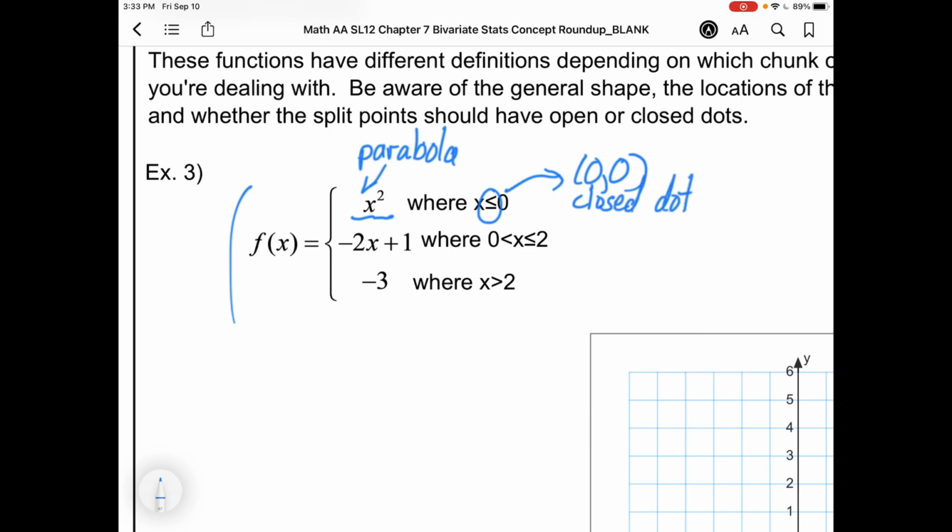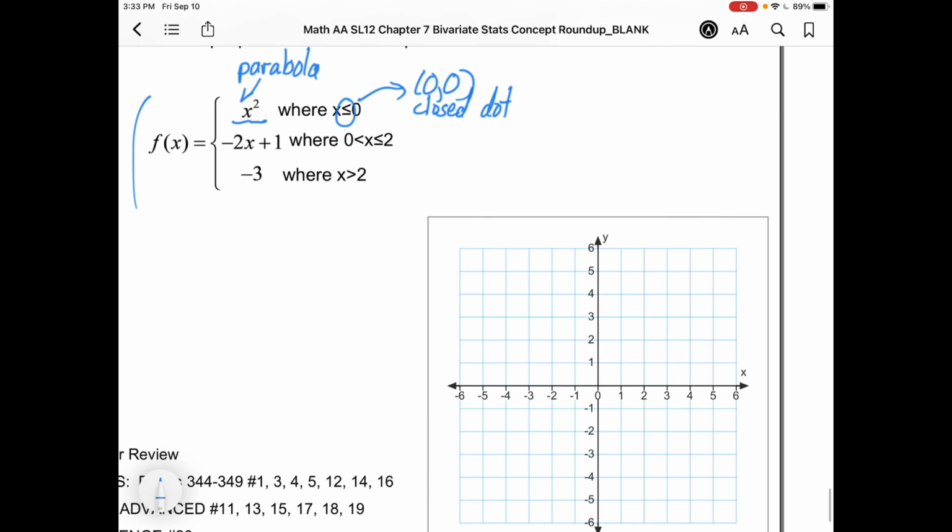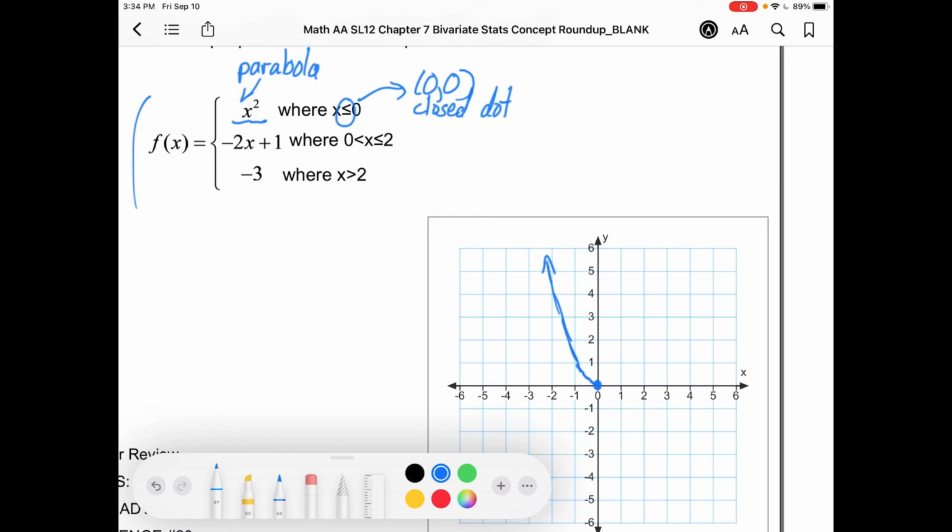I'm going to go ahead and start to graph this. So I'm working from left to right. It's going to be parabolic in nature right up until I hit x is 0, and there's my closed dot. After that, it turns into a line, and I'm going to change the color, even though it's still the same function, just to try and show you how we have different definitions over different little chunks.